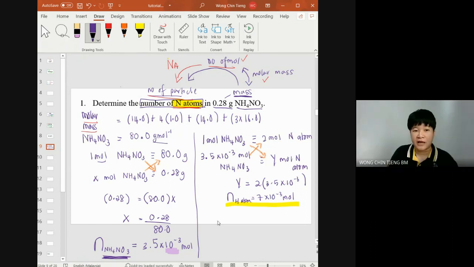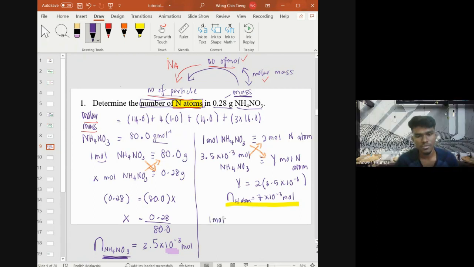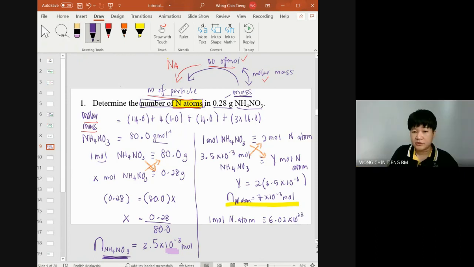Redo everything because I want everything in mole ratio. 1 mole of N atom equals to 6.02 times 10 to the power of 23. 1 mole of N atom equals to 6.02 times 10 to the power of 23 N atom.